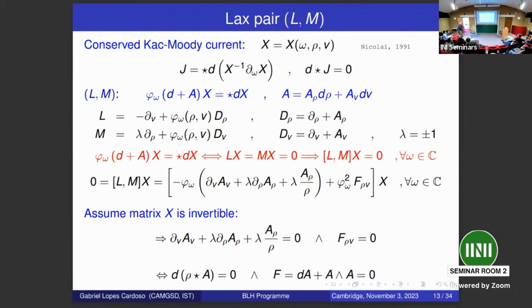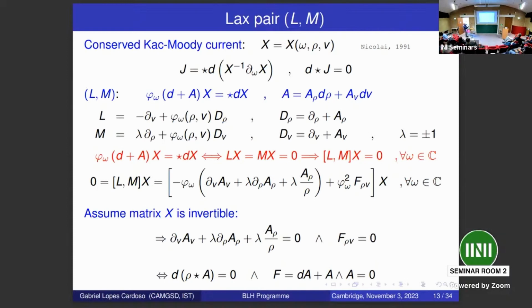Now, what is the meaning of that? Here is one thing you can do with it. Using this x, associated with a given solution A, you can now construct a set of conserved currents, and it's going to be an infinite set. The fact that you have infinitely many conserved currents is the hallmark of integrability.